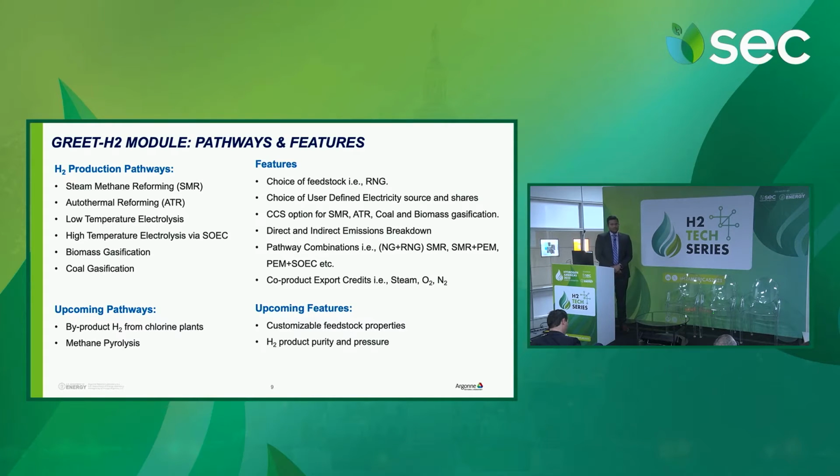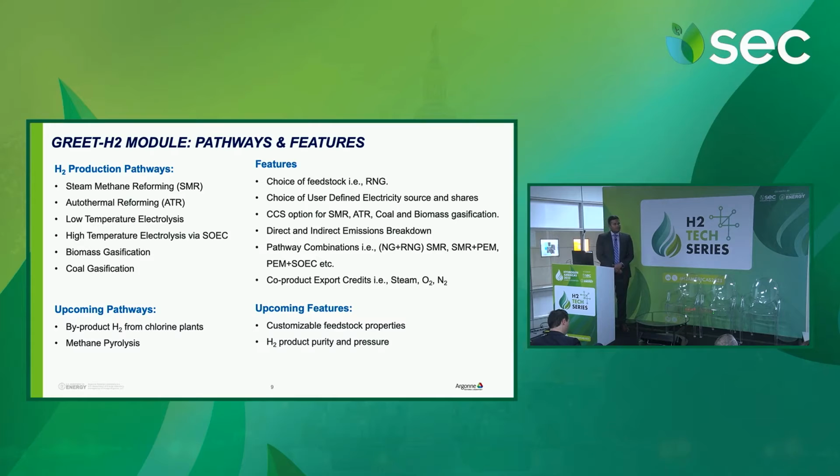The main features of the module are that users have a choice to enter their feedstock as natural gas or renewable natural gas. Users have a choice to input the source of their electricity. If the user, instead of grid electricity, uses solar or wind, they can choose to select that.